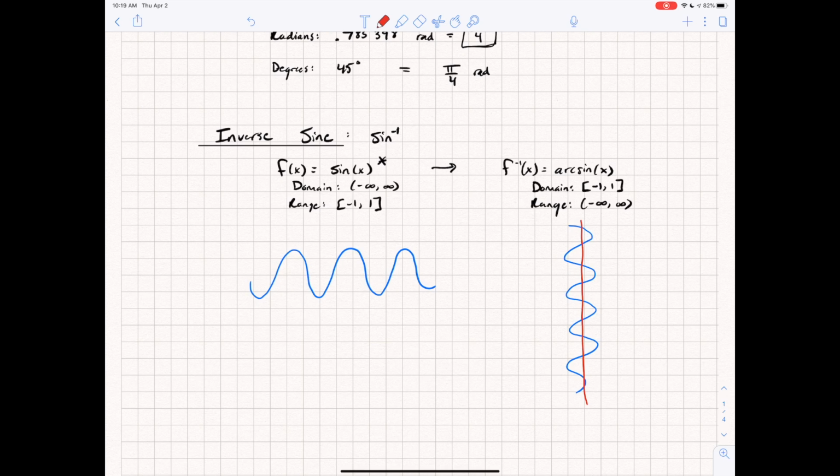So what we talked about in mod 4 was, in order to make the inverse a function and pass the vertical line test, I need to restrict the domain of the original function. And I need to restrict it so that the original function will pass the horizontal line test.